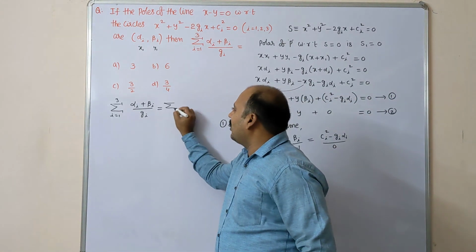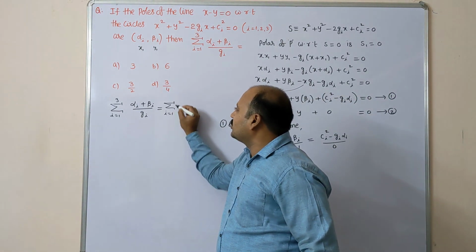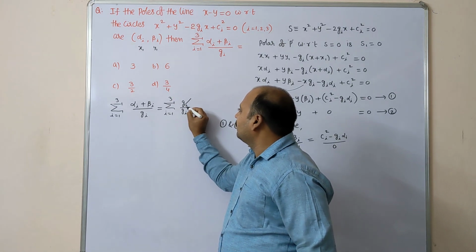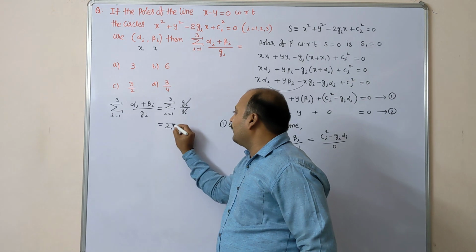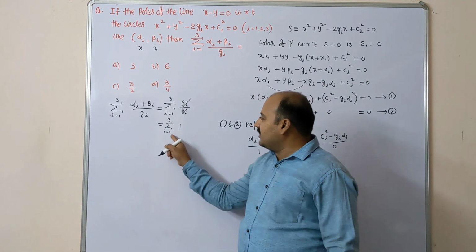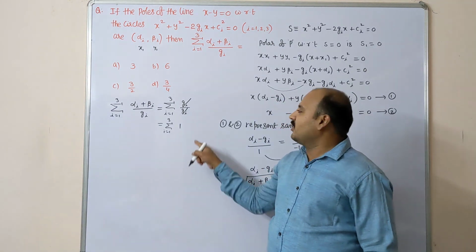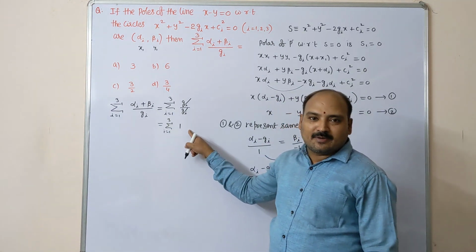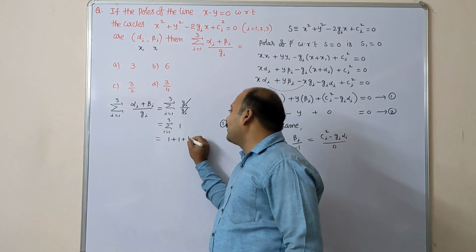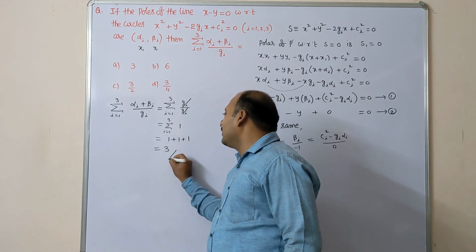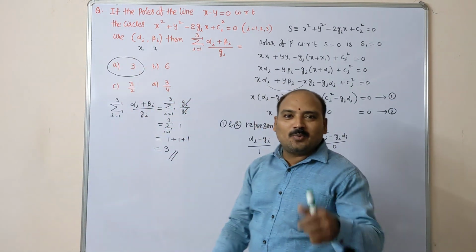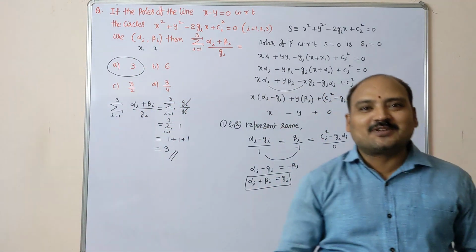So summation i equal to 1 to 3, gi divided by gi, so sigma i equal to 1 to 3 of 1. I equal to 1 to 3 means you have to write the summation 3 times, and each time the value is 1. 1 plus 1 plus 1 is equal to 3. So 3 is there in the first option, dear students. I hope you understand. We'll move on to the next question.